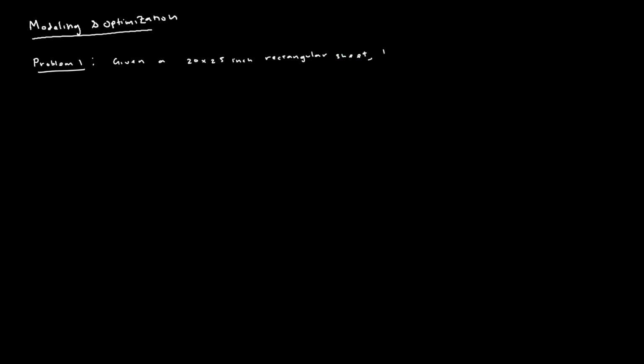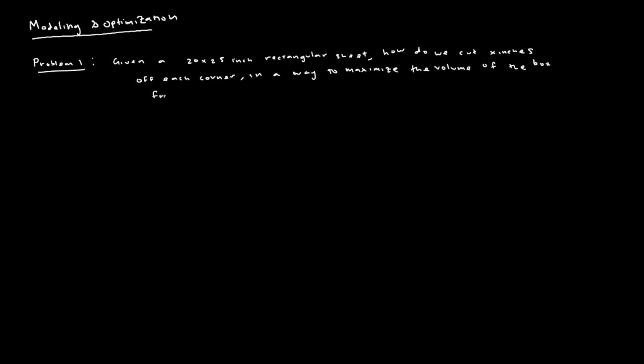How do we cut x inches off each corner in a way to maximize the volume of the box from the leftover sheet?